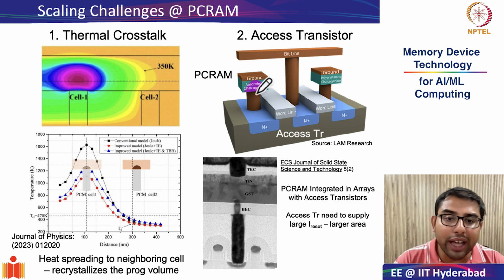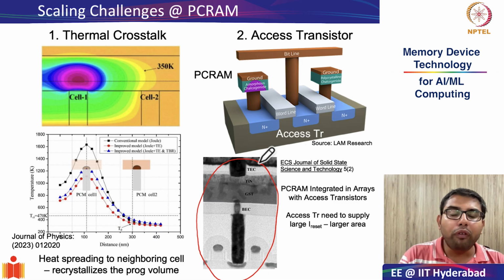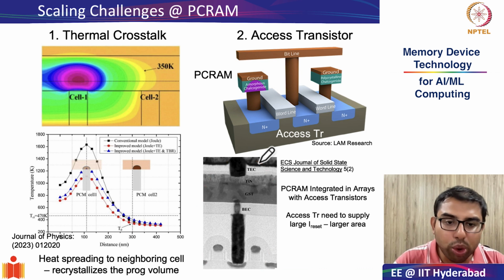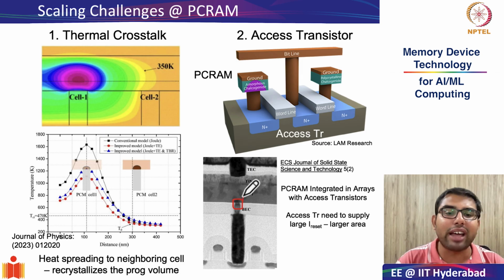And this is very, very evident in this particular diagram, which is a cross-sectional transmission electron microscope image of your PCRAM integrated in 1T1R configuration. As you can see, the actual GST material contact with the bottom electrode is very, very tiny.